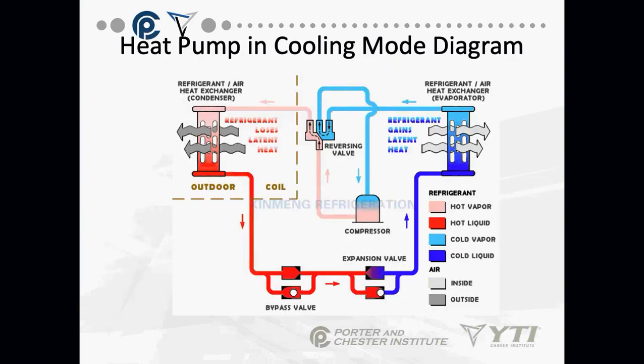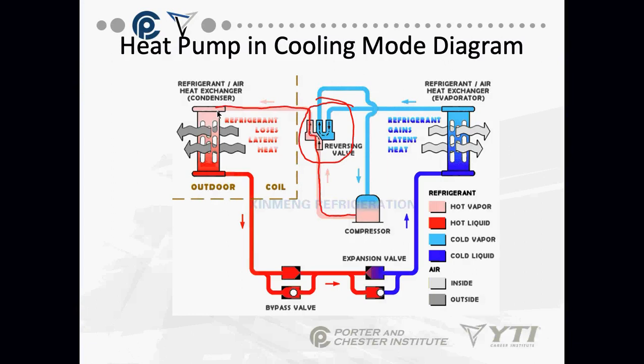In a heat pump, we add an additional device. So when you look at this diagram here, we have an additional device on the heat pump. We've added a reversing valve. So we come out of our compressor, we come through the reversing valve to my outdoor unit.